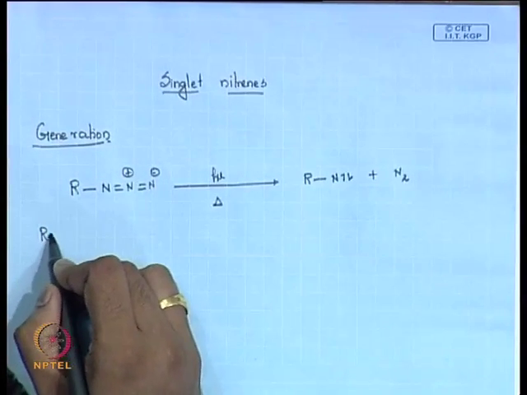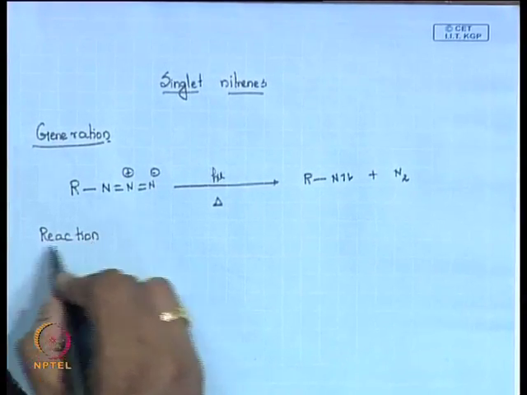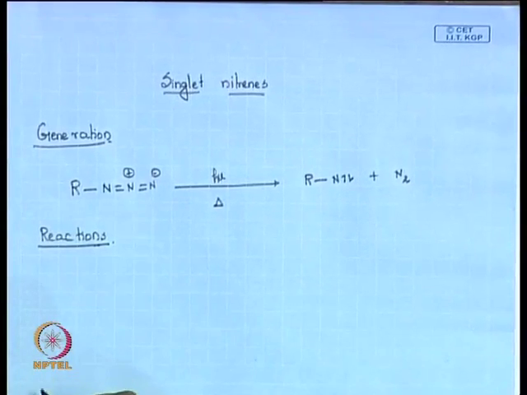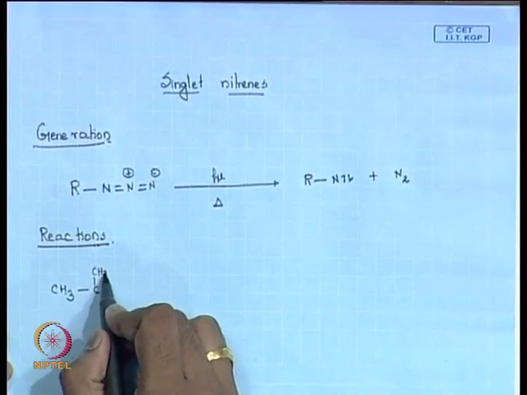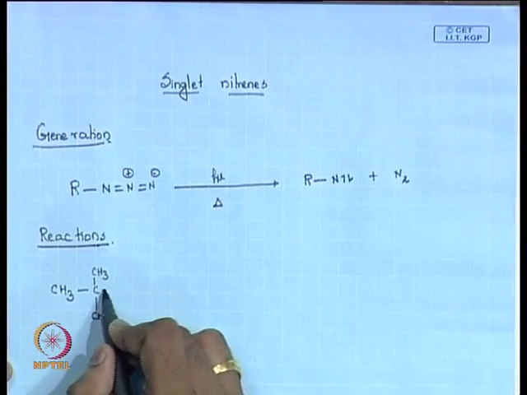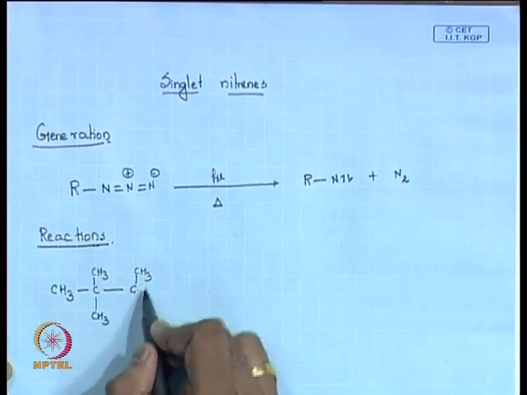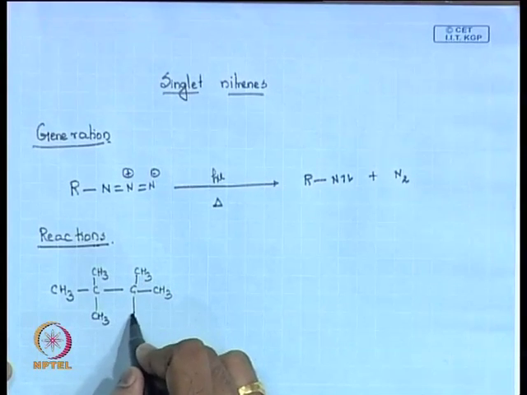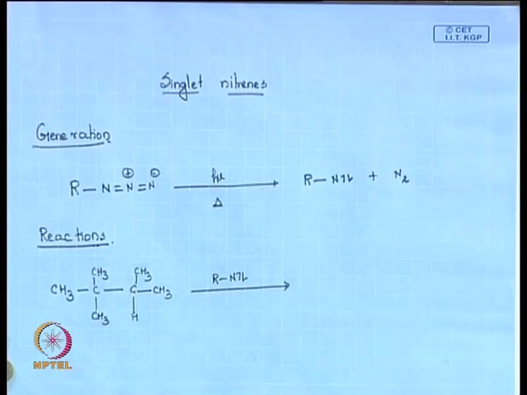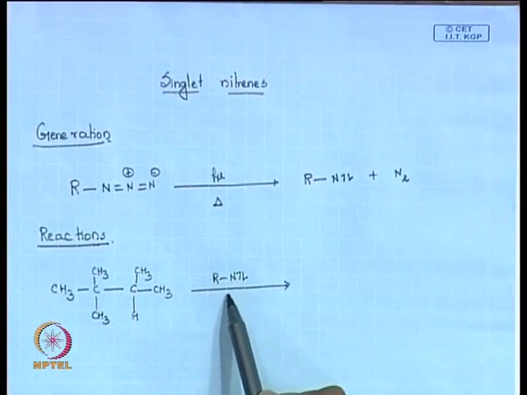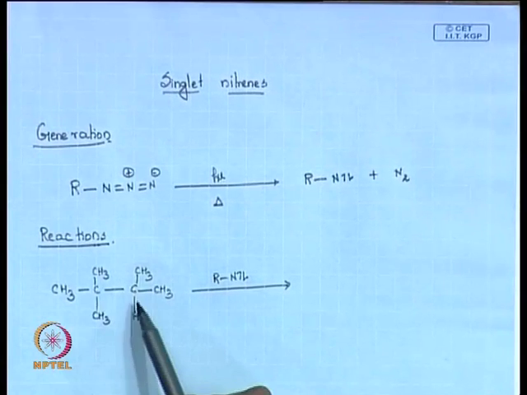So, if you see the reactions of this singlet nitrene, see what happens in singlet carbene. If I generate a singlet carbene, it undergoes an insertion into your sigma bond, right.